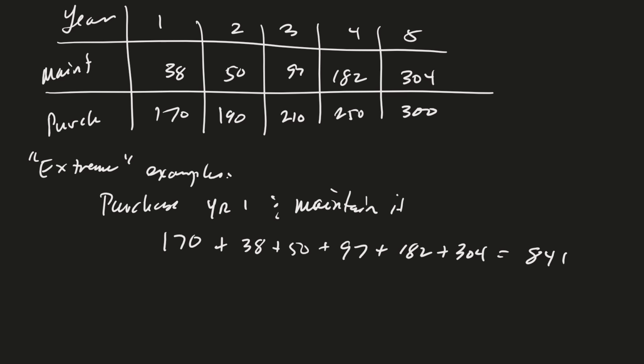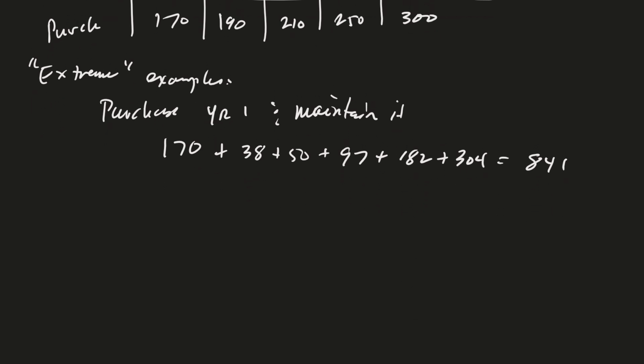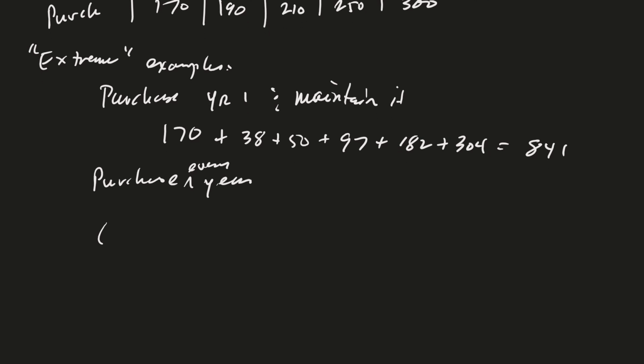Now what's the other extreme? Purchase every year. Some people do this with cars. So you're going to be taking 170 plus 38, but then 190 plus 38, then 210 plus 38.